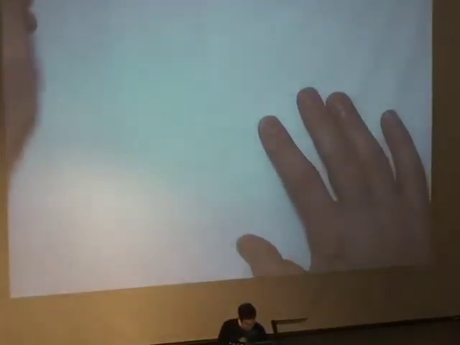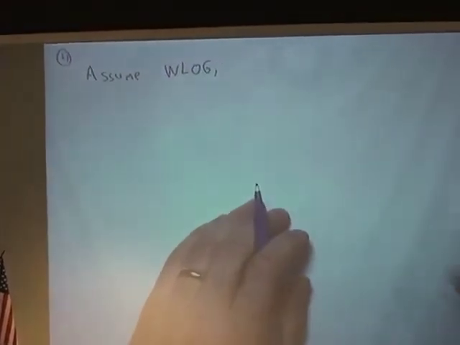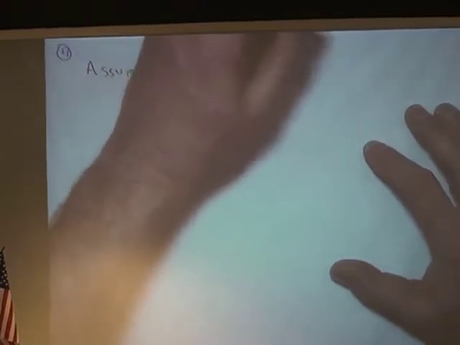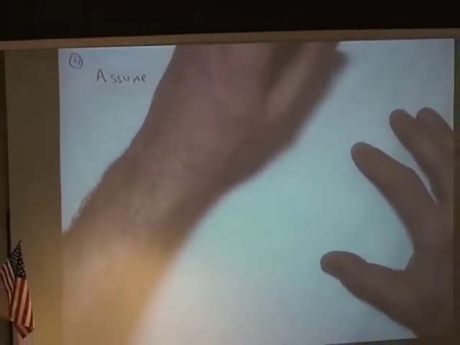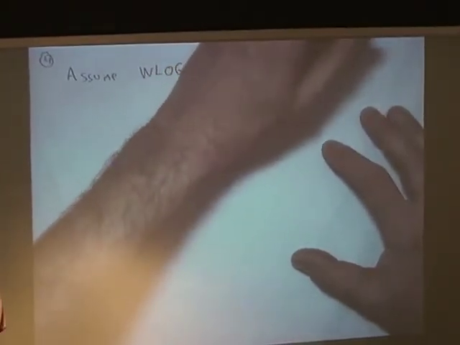So assume here, without loss of generality, that the class of T is in H1 de Rham of X1 tensor H1 de Rham of X2.